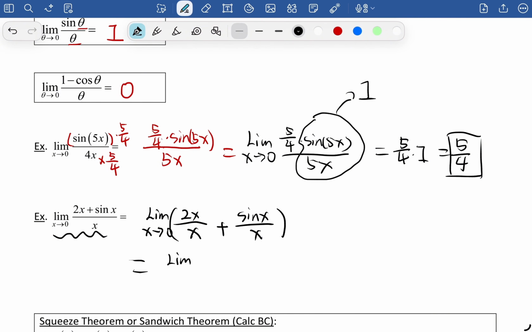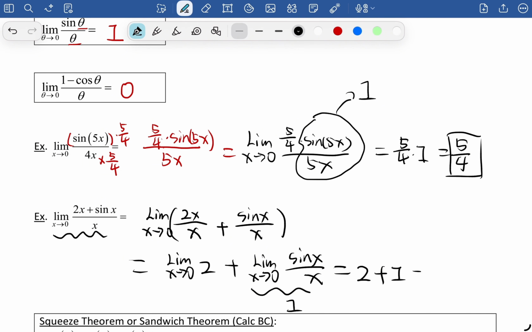So it's the limit as x approaches 0 of 2, plus the limit as x approaches 0 of sine x divided by x. The value of this is basically 2 plus 1, which equals 3.